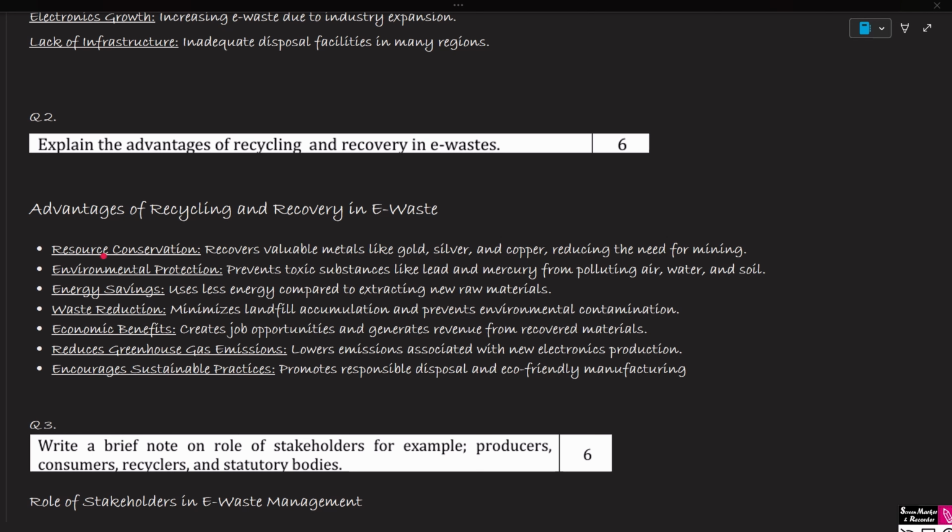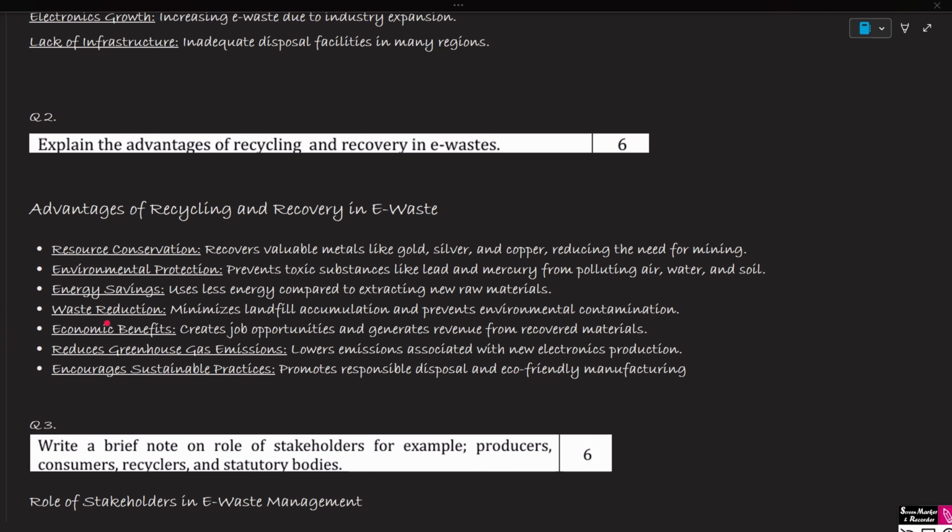Just remember the underlined points: resource conservation, environmental protection, energy savings, waste reduction, economic benefits, reduces greenhouse gas emission, encourages sustainable practices. Just write these points and underline them and write the theory part written over here, or else you can also write it on your own, like it's just on e-waste management.